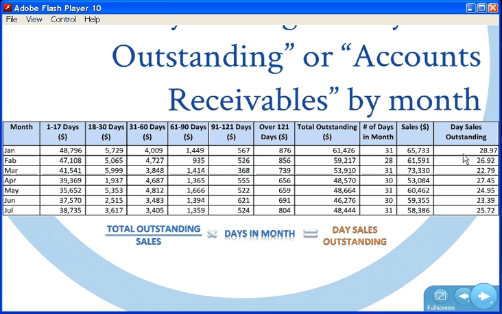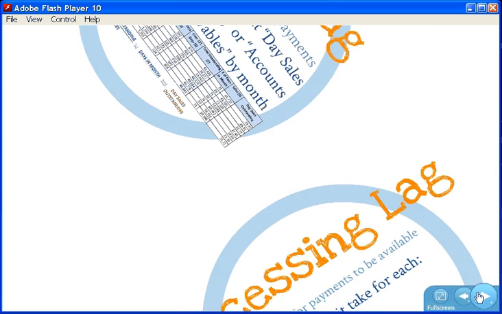So in this case, it's roughly between 25 and 30 days. In this table, the number of months goes until July, but obviously in any lead lag study, the actual period should cover all 12 months.